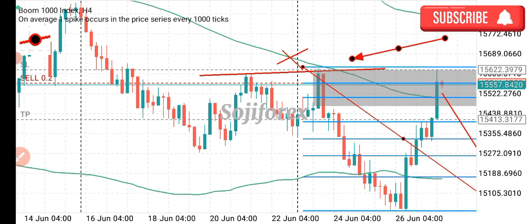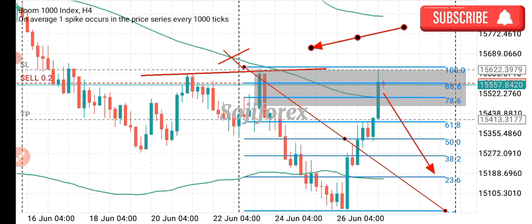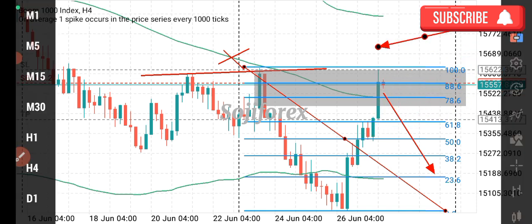But before that, I want to do a quick analysis of the review we did this morning. This is Volatility 1000. We were expecting price to pull into this zone. Presently price is in the zone and we are looking forward to a sell.